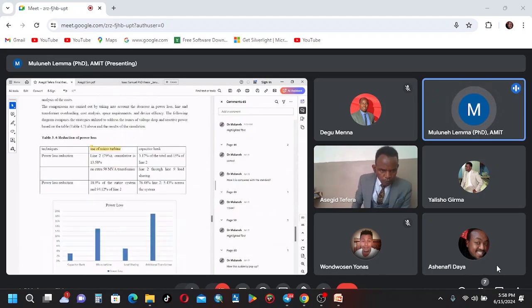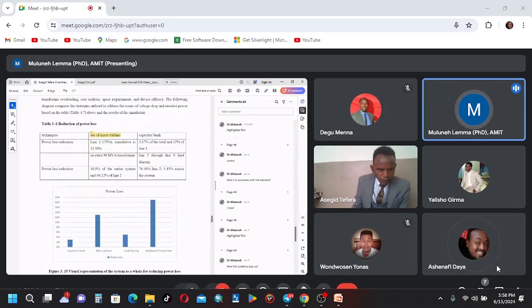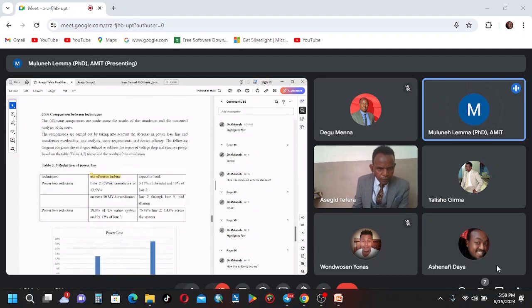I will not raise the other one. The reduction of power loss somewhere, I read something which is completely irrelevant to your work. Like you mentioned here, comparison between techniques.